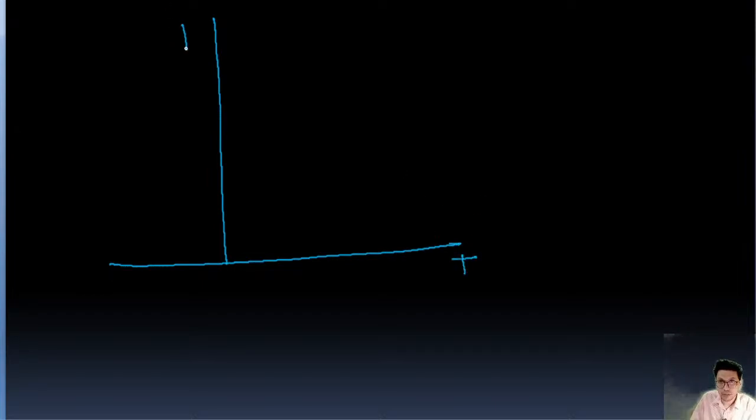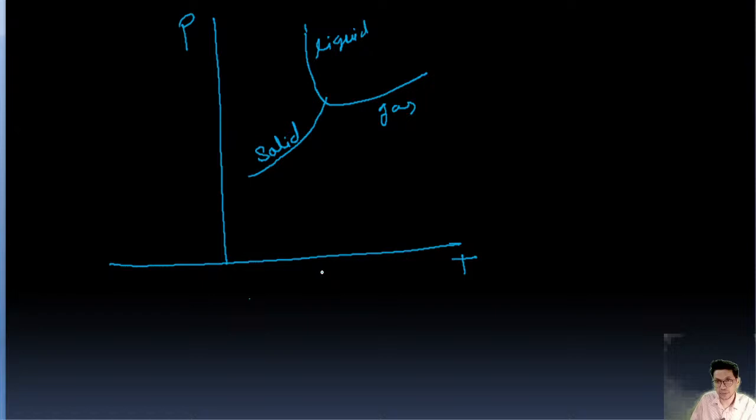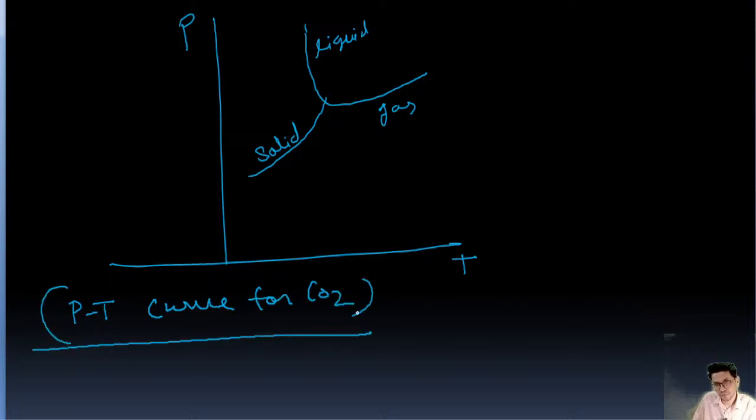This is T, this is P. This is solid, this is gas, and this is liquid. This is the PT curve for CO2.